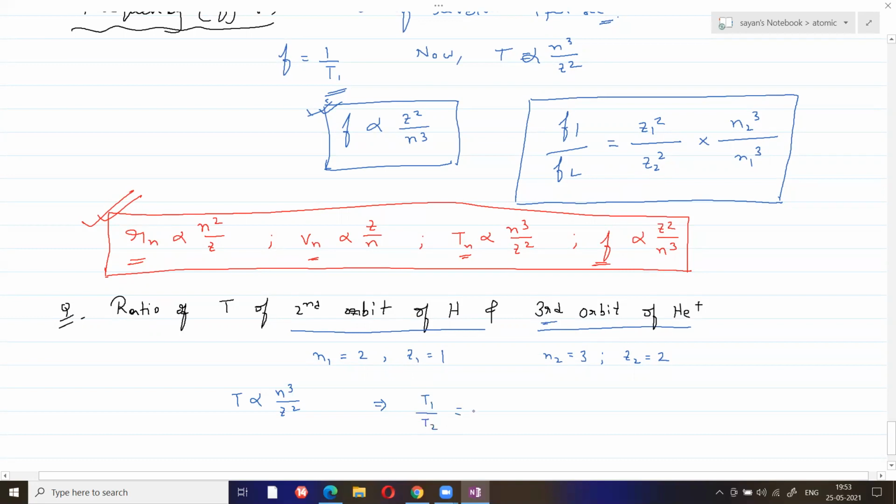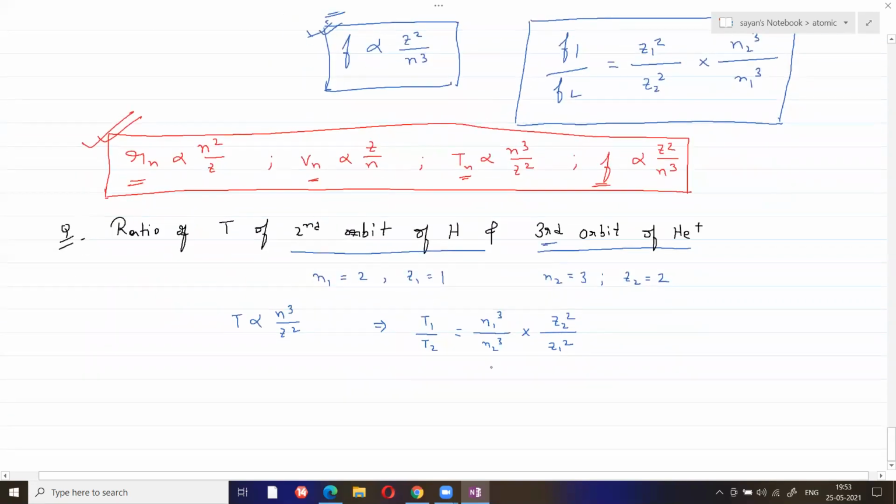Now we can write T1 by T2 equals n1 cubed by n2 cubed into z2 squared by z1 squared. Now put the values. What is the value of n1? 2. n2 value 3. z2 value 2. z1 value 1.